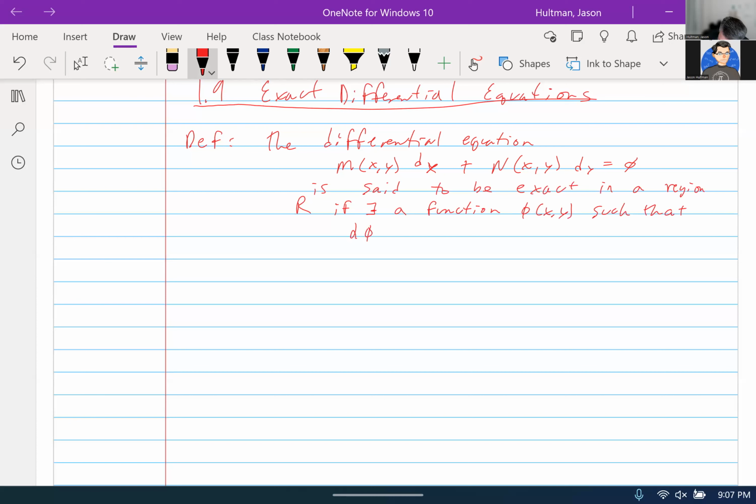dphi/dx is equal to M, and dphi/dy is equal to N, for all x,y in R. Phi of x,y is called the potential function.